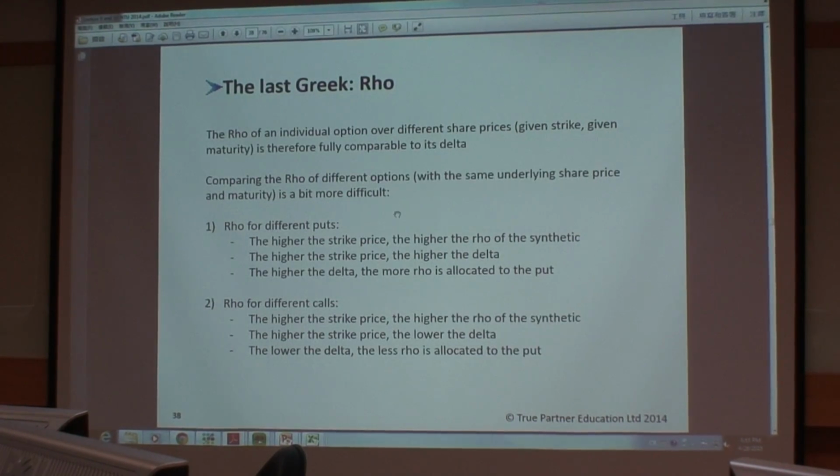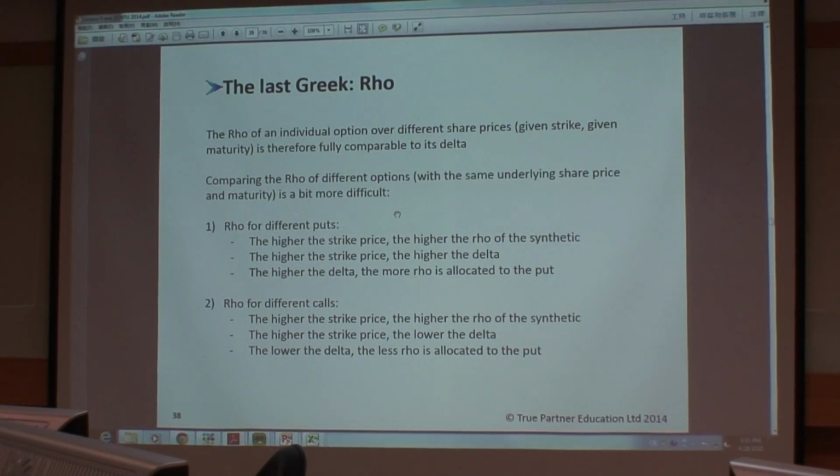So for puts, it's really easy. If I would have a higher strike price, that means there's more rho in a synthetic, because I do 1% over the strike. But also a higher strike price in a put means a higher negative delta. It's more of an in-the-money put.